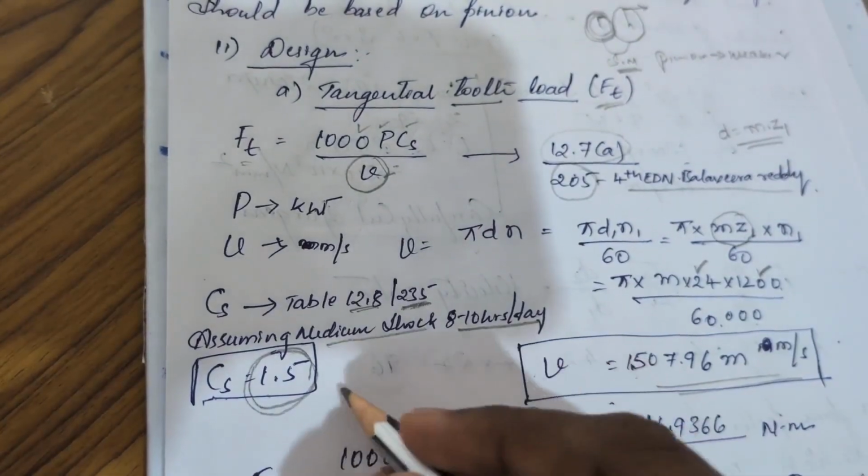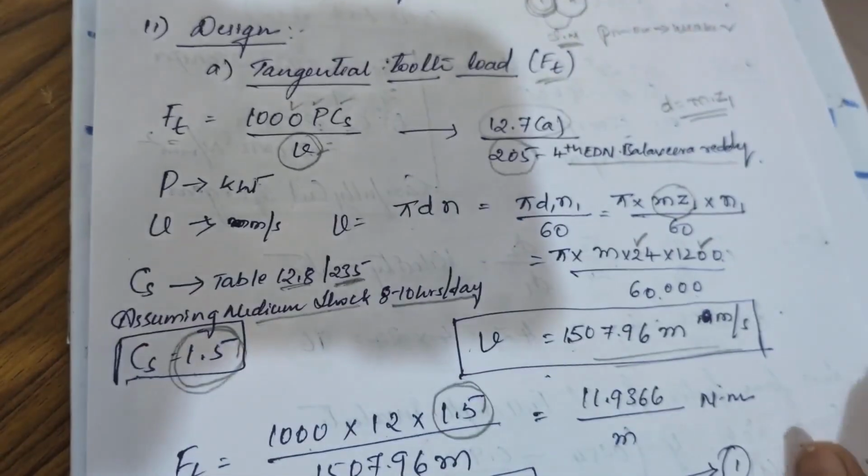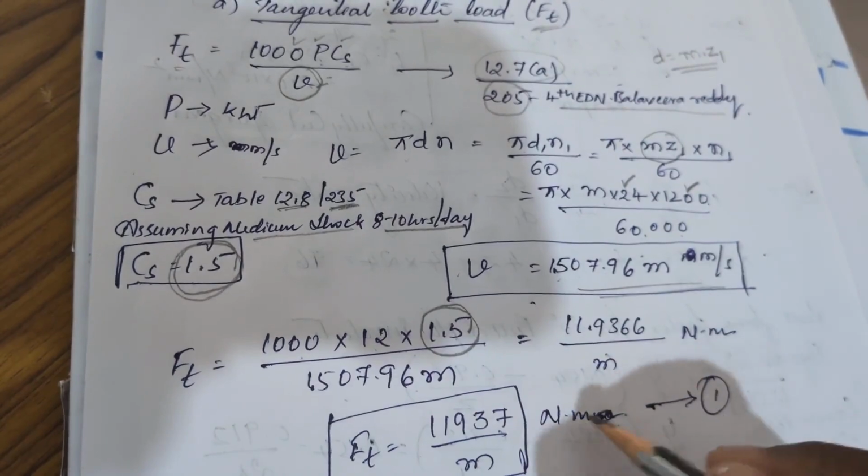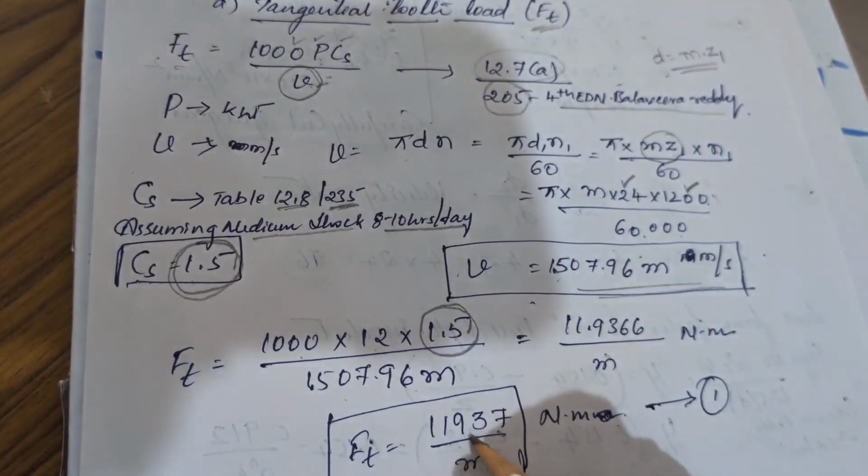This is taken from the table. Okay, so if I put the same value here, you will get the final value as 11,937 divided by m.